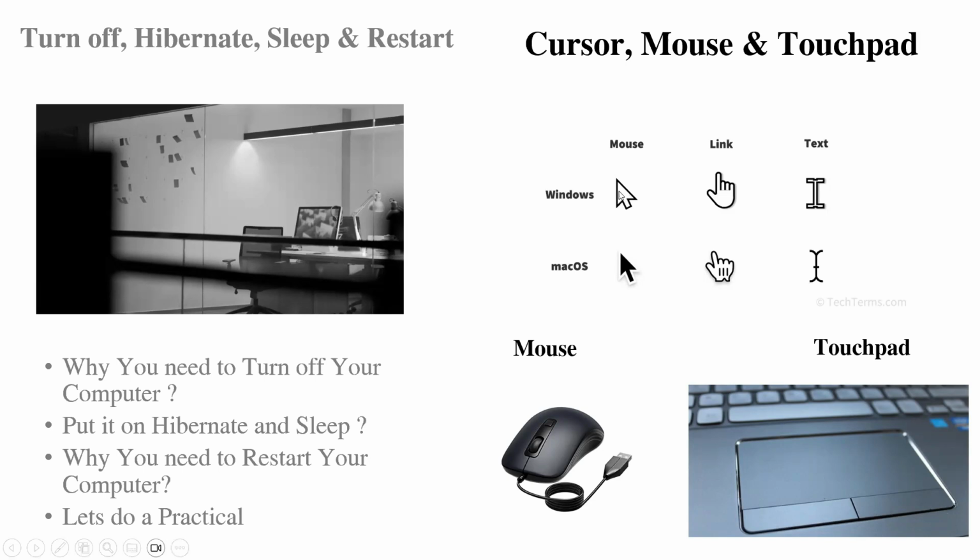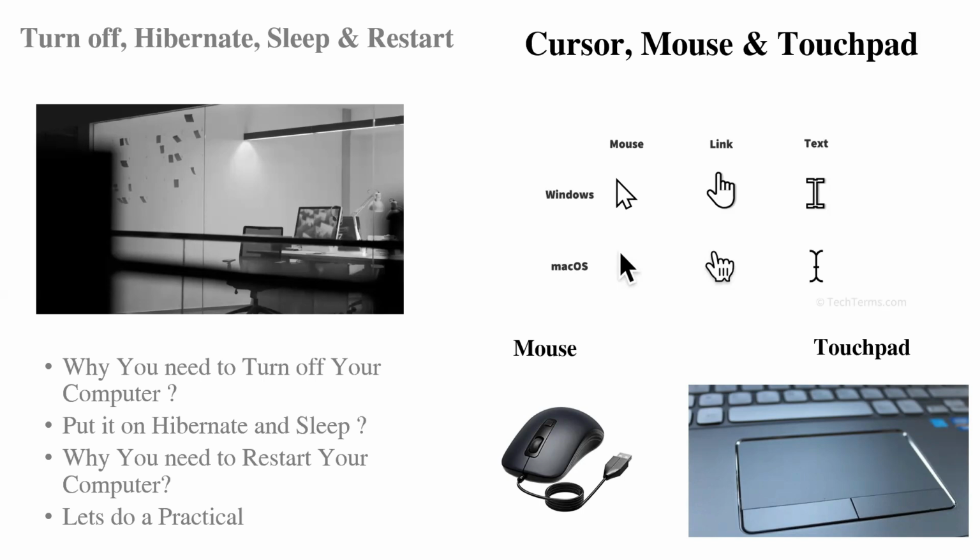This is the cursor, the one I'm shaking. You are seeing something shaking on my screen. That's the cursor. This is how it is by default, and also how it is on Mac OS by default. But whenever your cursor turns into a hand like this, it means you hover over a link.